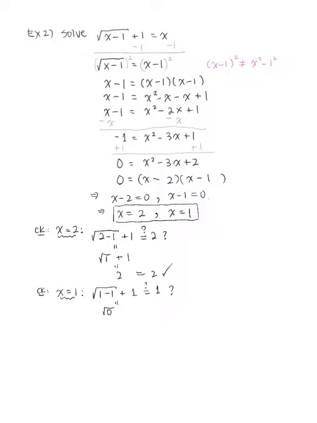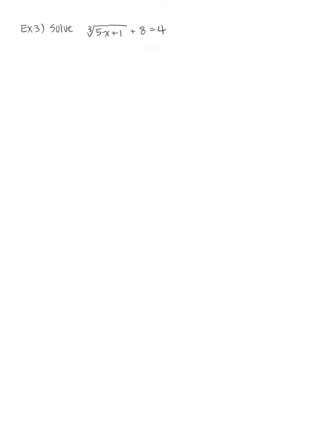So we got square root of 0 plus 1. Square root of 0 is 0, so we have 1 on the left-hand side, which matches up with the right-hand side. So therefore, remember the 3 triangle dots means therefore, our solution set is 2 and 1. So we get to keep both of our proposed solutions this time.